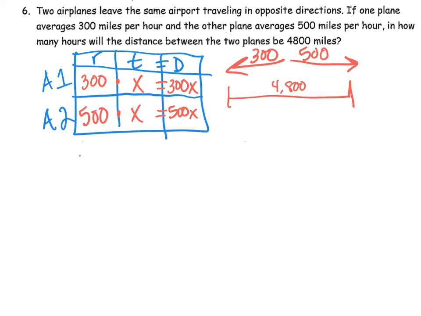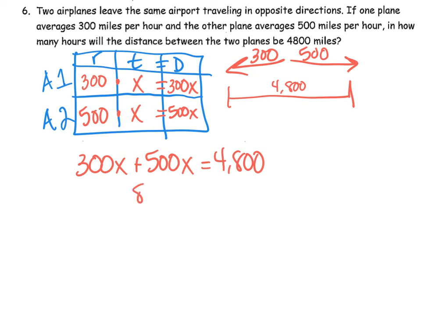Airplane 1 is 300x plus airplane 2, which is 500x, equals 4,800. 800x equals 4,800.